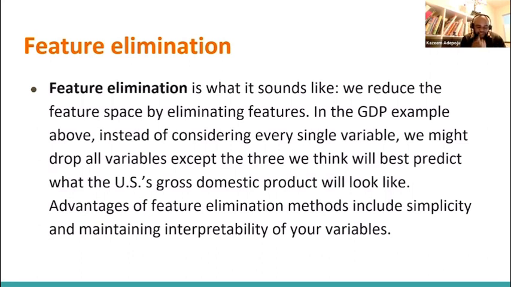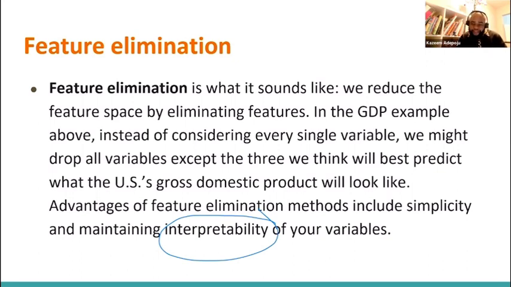The advantage of the feature elimination method includes simplicity, in the sense that you don't have so many variables anymore. And if you don't have so many variables anymore, your interpretation will make sense. I told you the other time, when we're doing research, we need to decide: do we want to predict or do we want to explain?